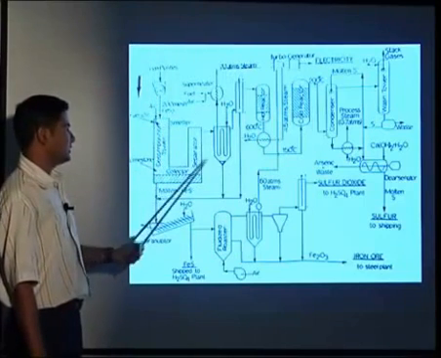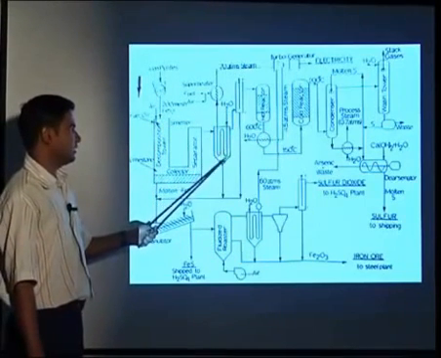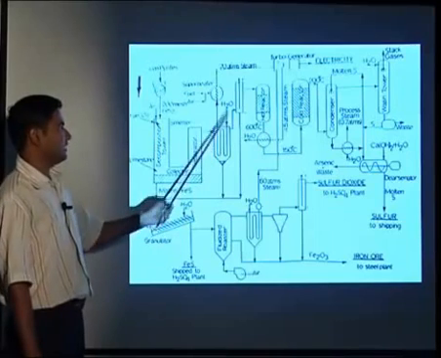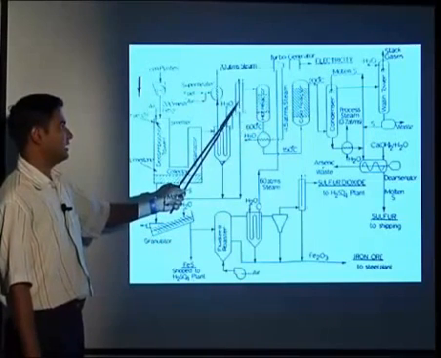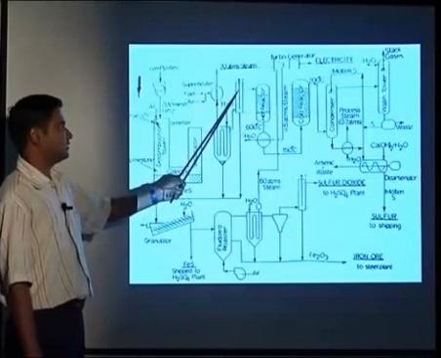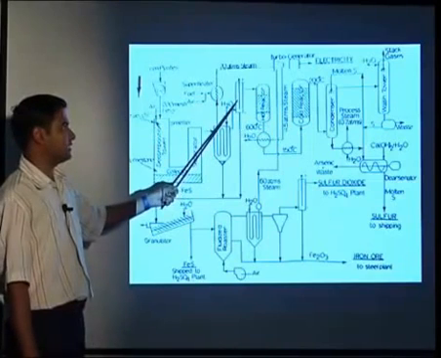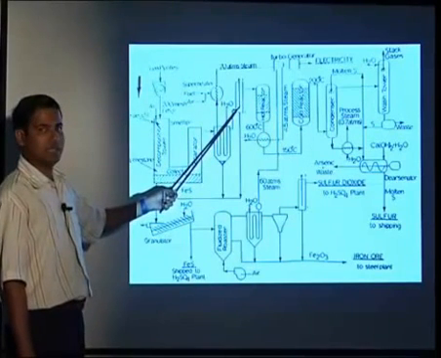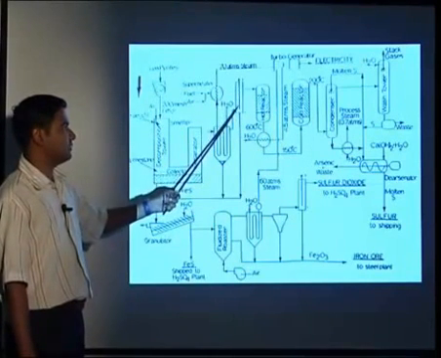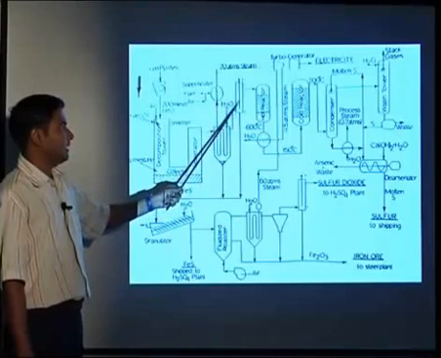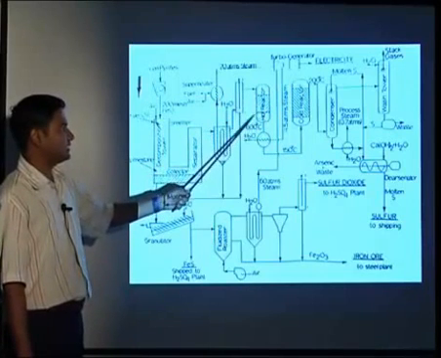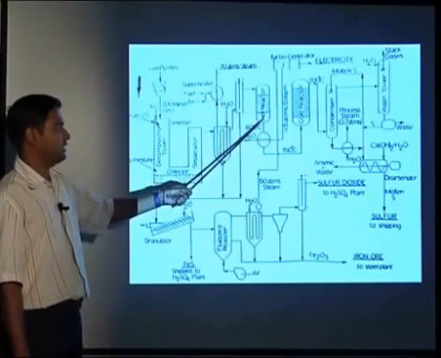Then here it will decompose, and the gases coming over here we are feeding to the hot reactor, and before that we are passing them to the electrostatic precipitator. Whatever waste gases there are can be removed over here, and then the gases come over here and will be reacted.